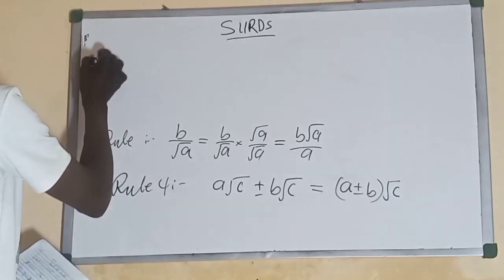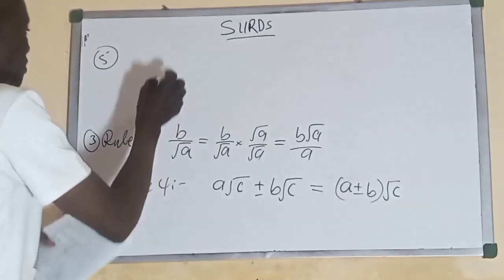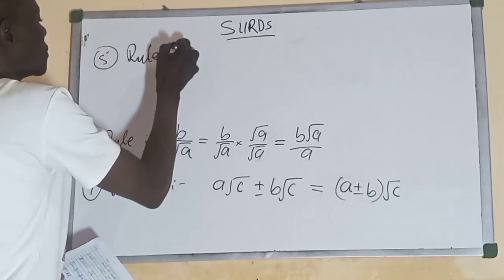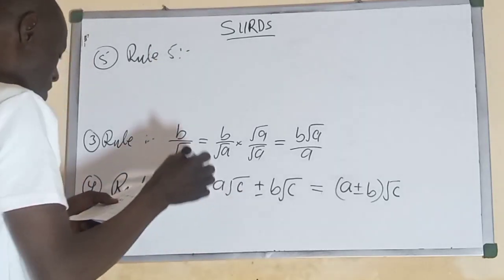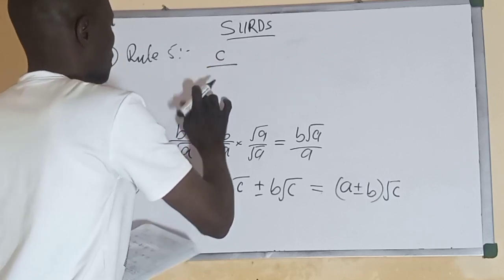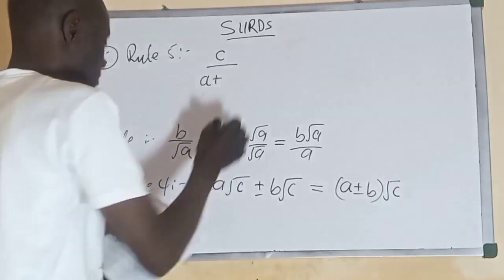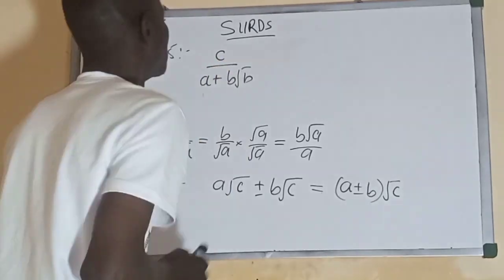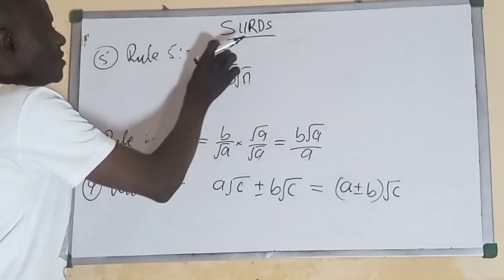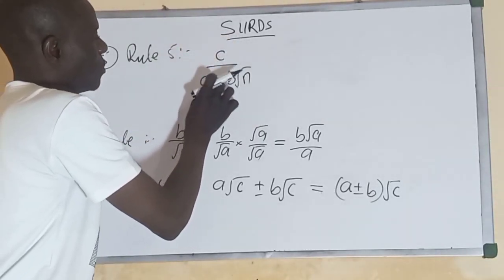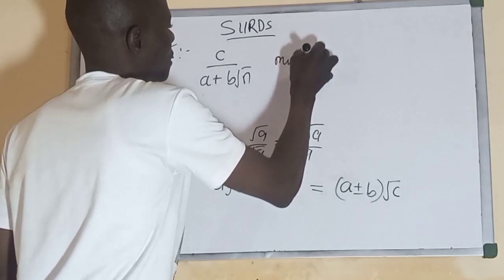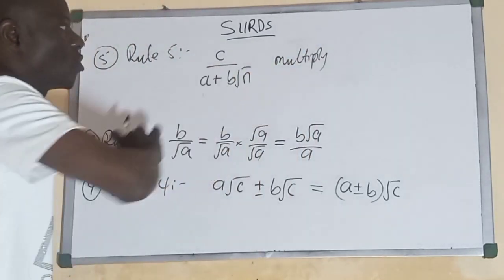Rule number 5 says whenever you have c all over a plus b root n, you multiply by its conjugate.